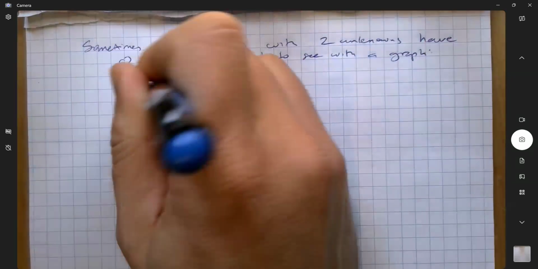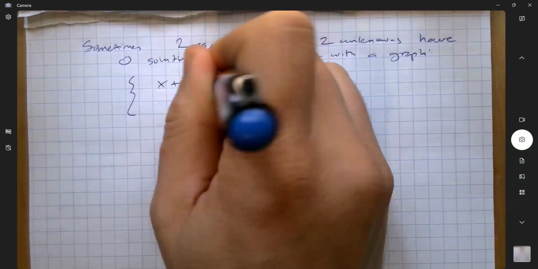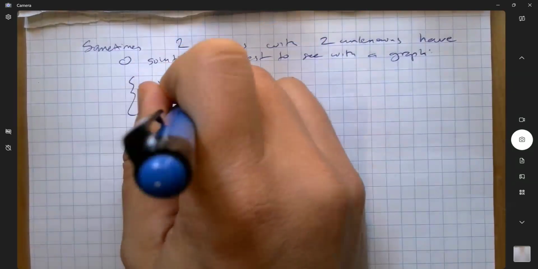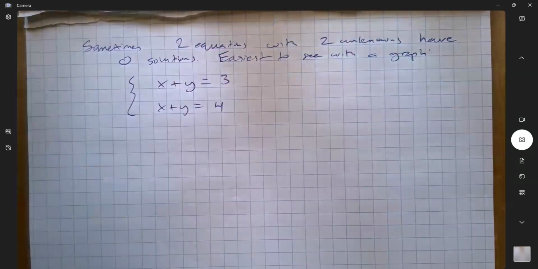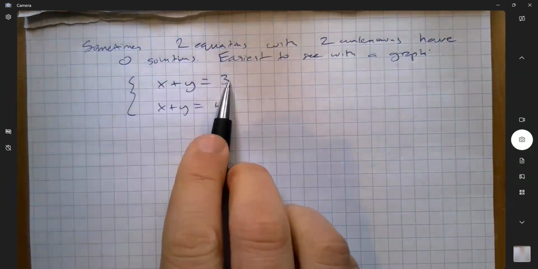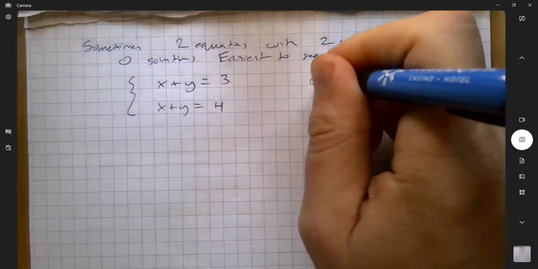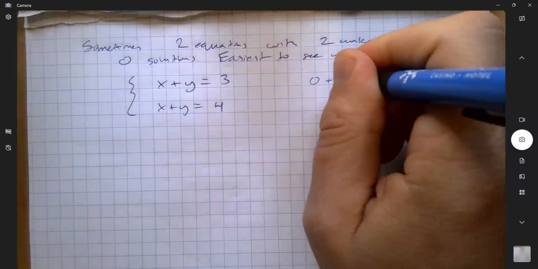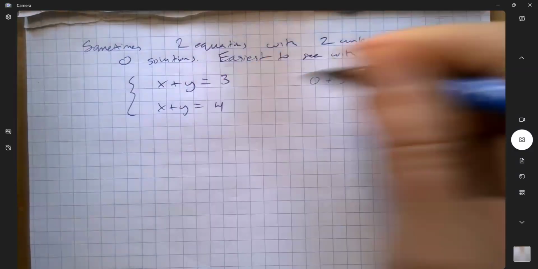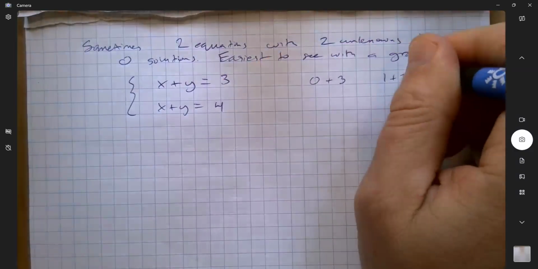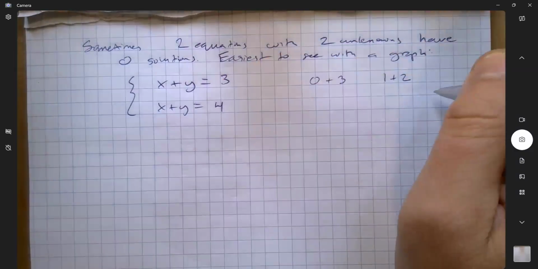Let's look at the system x plus y equals 3 and x plus y equals 4. Now you may notice right away that if x plus y equals 3, it's not possible for x plus y to equal 4. Right? 0 and 3 would work, but 0 plus 3 is never going to equal 4. 1 and 2 would work, but 1 plus 2 is never going to equal 4.